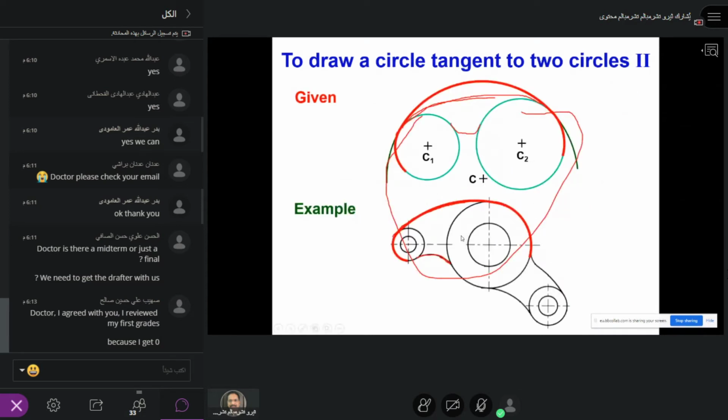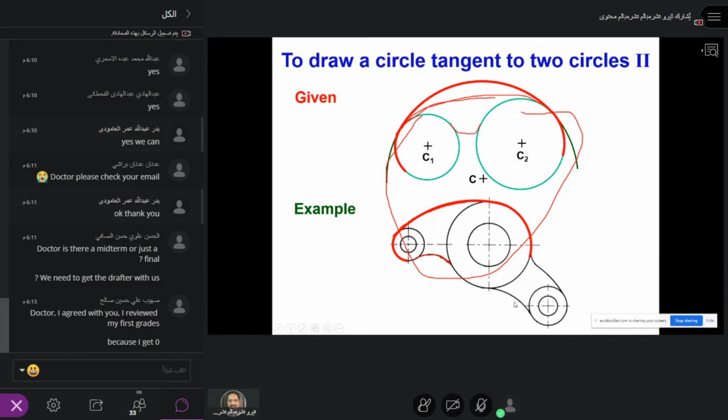The idea is we are trying to draw this cam. For this cam, there are several arcs. This arc is connecting these two circles, this one is another one connecting like this, and this one is something like this.